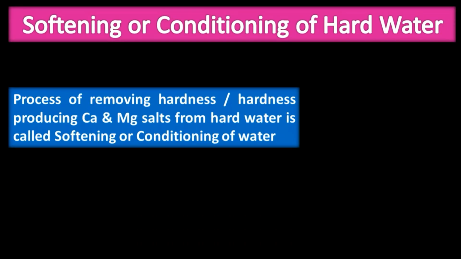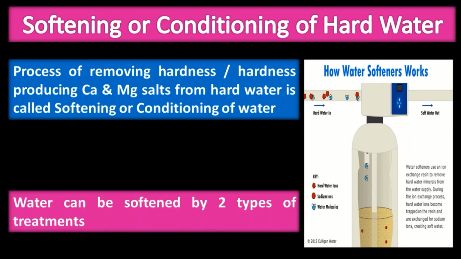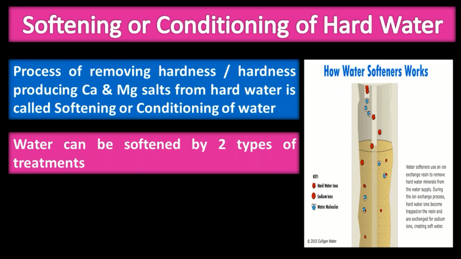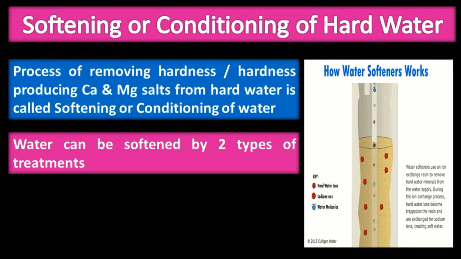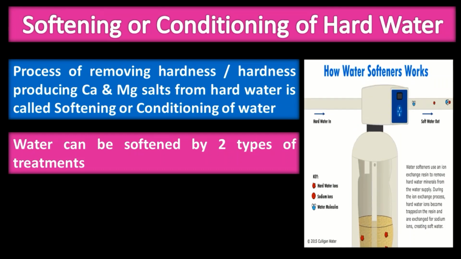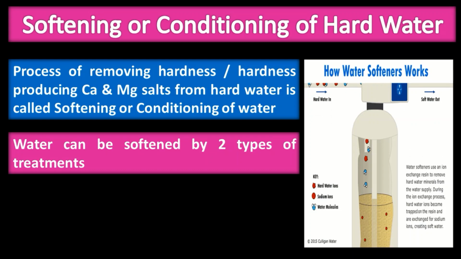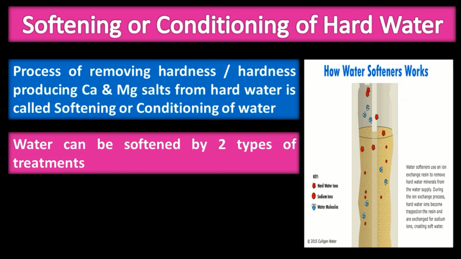Now we are going to see about the softening or conditioning of hard water. We all know that hardness producing salts present in the water create scales and sludges which tremendously reduce the efficiency of the boiler. So hence we need to remove the hardness producing salts from the hard water.